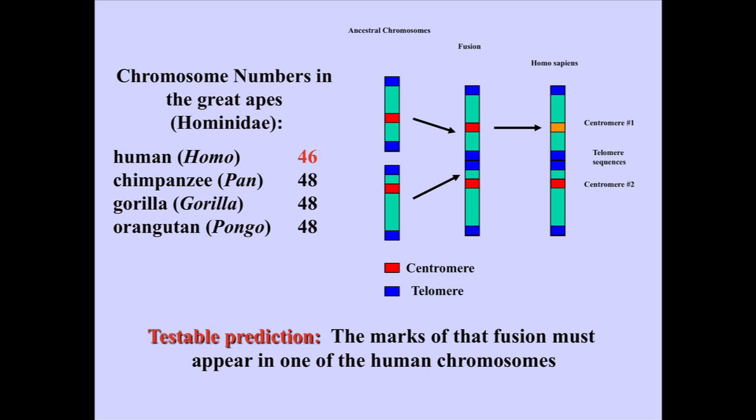Pan paniscus, the chimpanzee, has 48. So we would imagine that a fusion could be detectable by the fusion of 2 telomeres as shown here. Chromosome 1 and chromosome 2 might share these 2 telomere fused sequences as shown there.